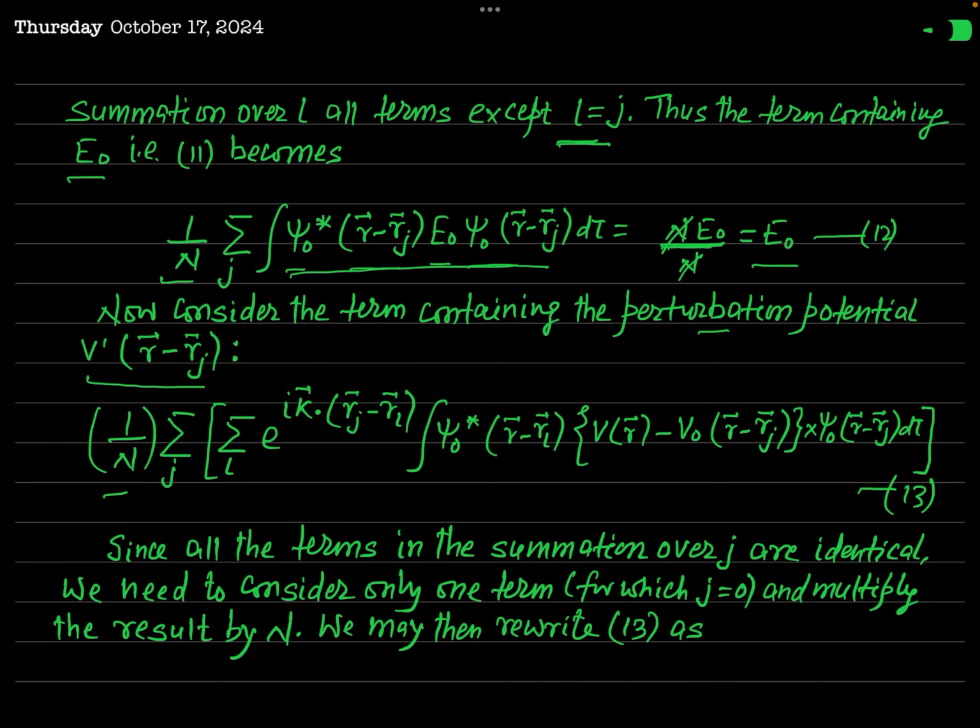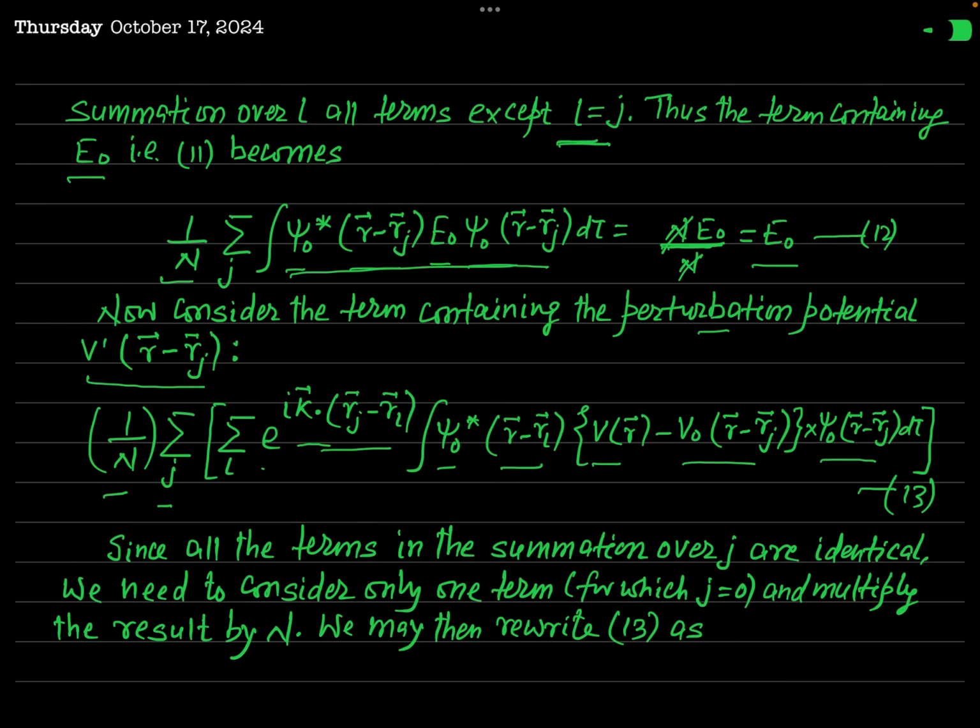That term will be 1 over n summation over j, summation over L e to the power iota k dot (rj minus rl) integral psi naught star of (r minus rl) times V dashed of (r minus rj) times psi naught of (r minus rj) d tau. So, this is the term containing the perturbation potential.